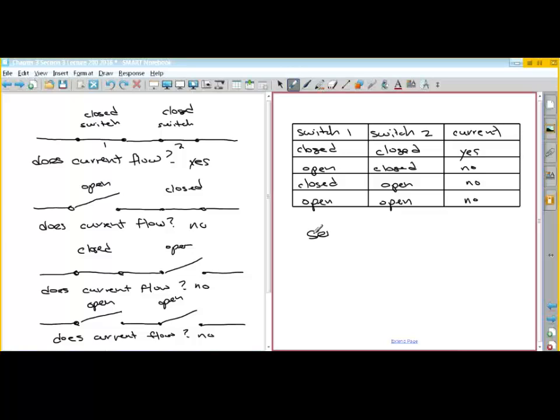So what we can say is that serial, or not serial, but series switches, series switching, is analogous to the AND statement.